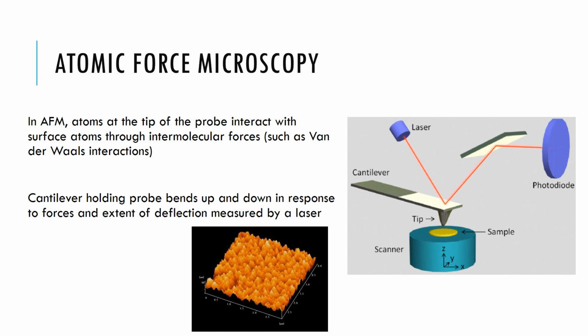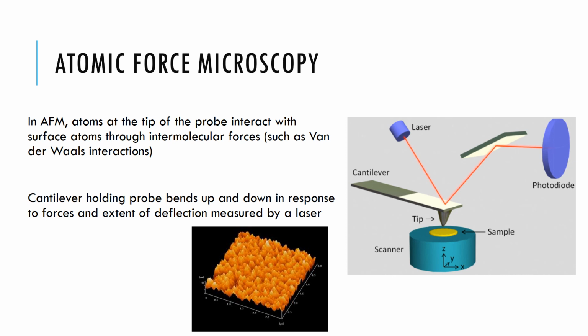Atomic force microscopy then is a similar technique. It contains a tip which is moved across a sample. It doesn't touch the sample, but it sits very, very close to the surface of the sample. It's moved across the surface of your inorganic compound, and the tip interacts with atoms in the surface of your inorganic compound through intermolecular forces.